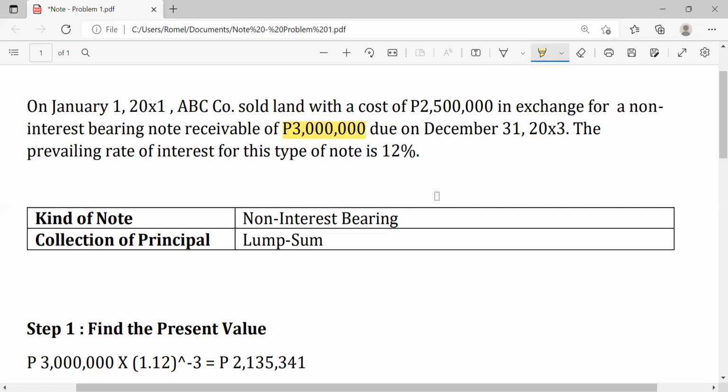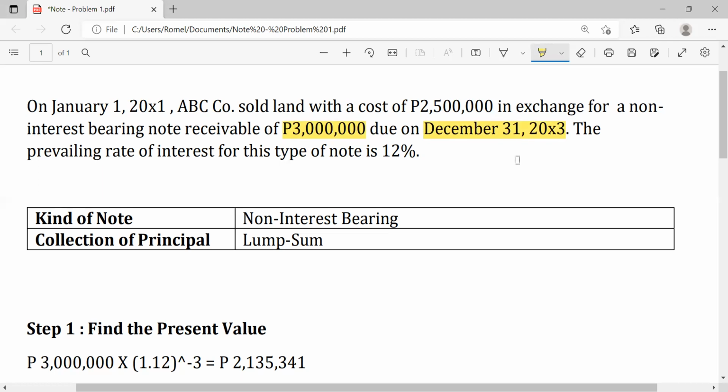And then, the second question is, kailan ang collection ng principal? The collection of principal will be on December 31, 20X3. What does it mean? The collection of the principal is lump sum. It means that by December 31, 20X3, you will collect the whole 3 million pesos.